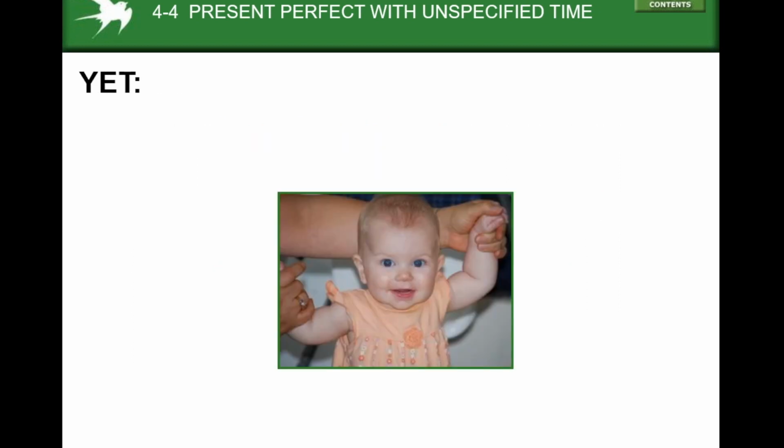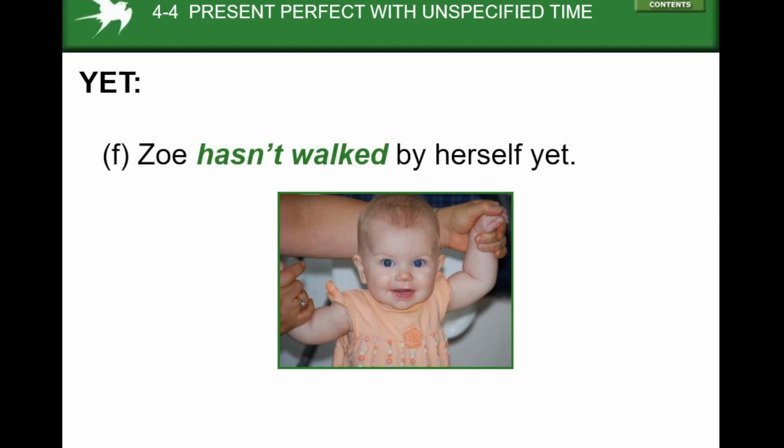Or yet is used with things that we expect. Let's look at some example sentences. Zoe hasn't walked by herself yet. So we use yet to show that something did not happen before now, but it might happen in the future.